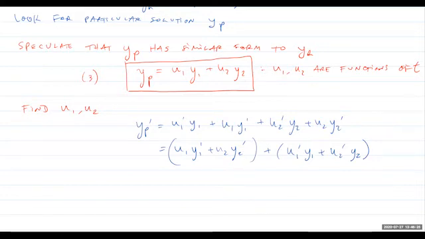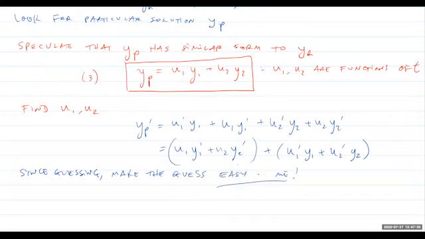I can look ahead, I can tell that if I keep all of these terms, then yp double prime will be horribly long with lots of terms. So I tell myself, I'm making guesses anyway. Why am I making life hard? Since I'm guessing anyway, make the guess easy on myself. I'd like to keep only the y1 prime, y2 prime, not the plain y1, y2.